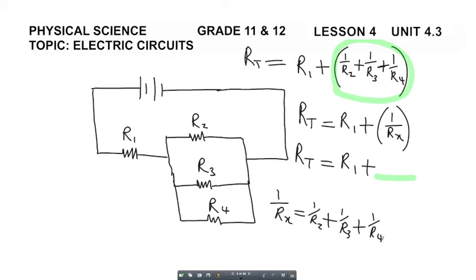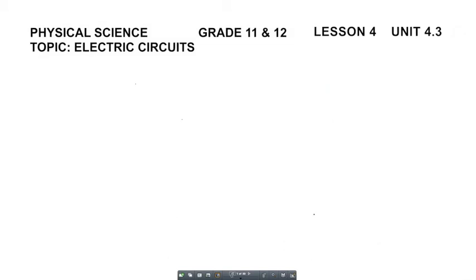So if we compute this equation, 1 over Rx, remember Rx we are representing with those three resistors, this is 1 over R2 plus 1 over R3 plus 1 over R4.